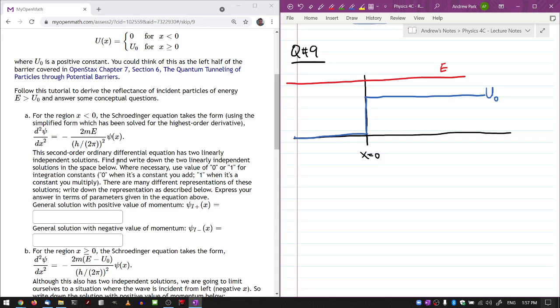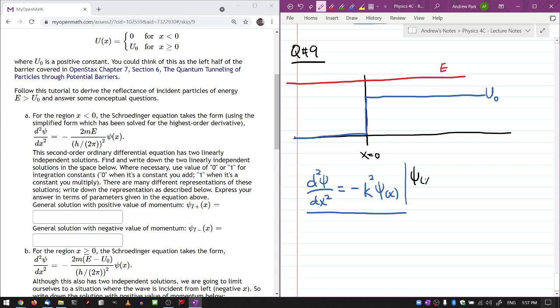So if I had to find a solution to an equation that looks like this, second order derivative is equal to, let me use a constant k to represent this, minus k squared psi of x, then I would stare at this for a while and immediately come up with, or guess, this solution that I have used in other contexts before, which is this general solution.